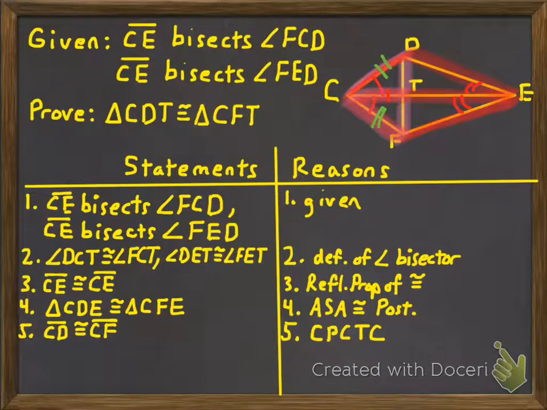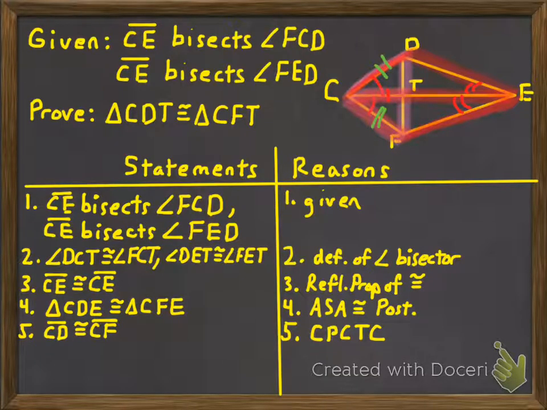All right, now where are we as far as proving that the two purple triangles are congruent to one another? Well, we've now proven that they have this pair of sides that are congruent. We've already proven, written in our proof, that angle DCT is congruent to angle FCT. What we haven't yet written is why the common pair of sides right here for those two purple triangles are congruent to one another.